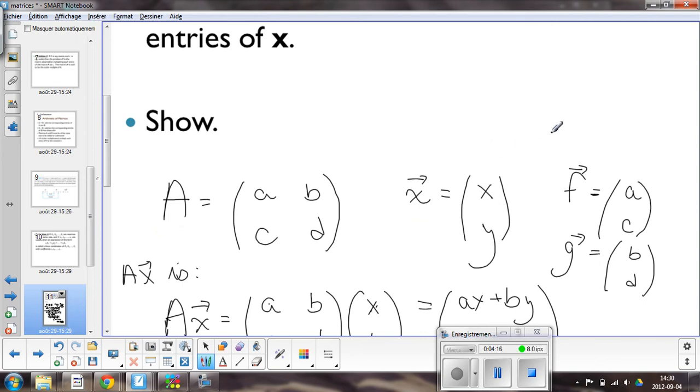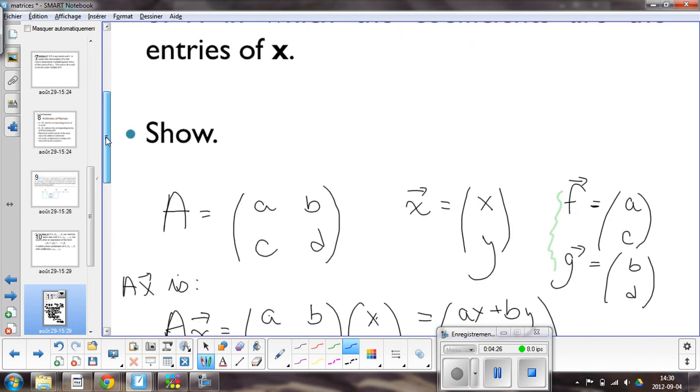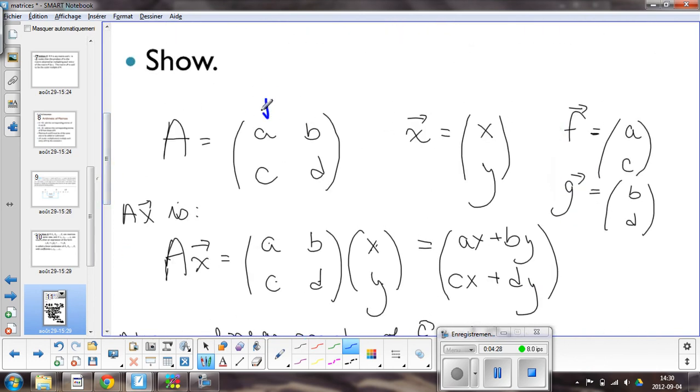I just don't know what they are. And I've also defined the column vectors of A. This is vector F, and this is vector G. F and G, they're defined here. That's a column vector, that's a column vector, and F obviously is this column, and G is this column. I'm just defining them because later on I will need this.